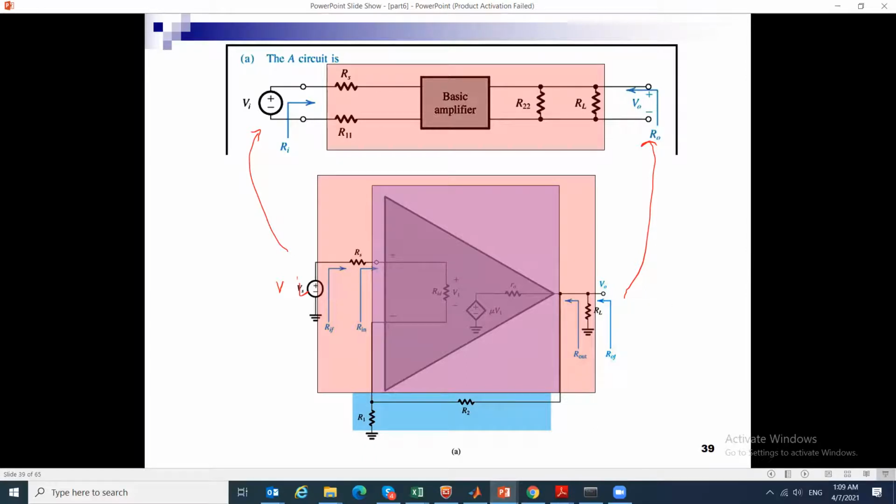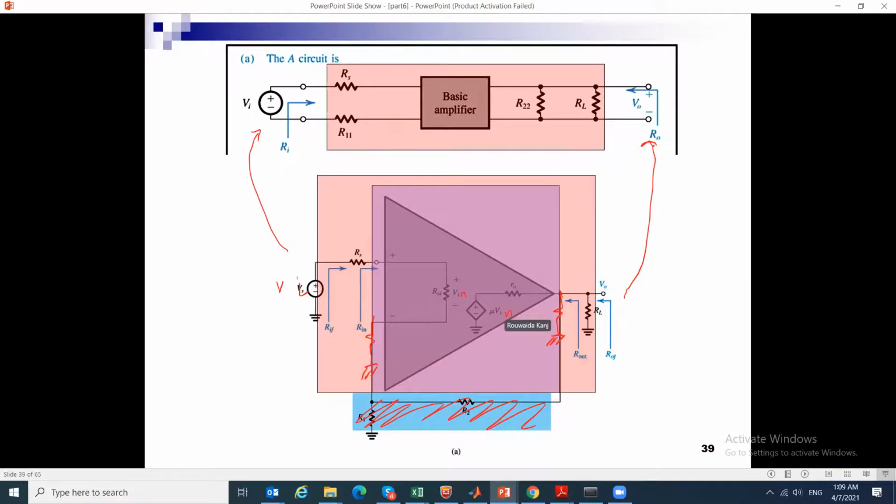Of course, RO looks into VO and RI looks into VI, and the modified A block is with the R22 and the R11 as we explained before. This we will call Vn to avoid confusion.